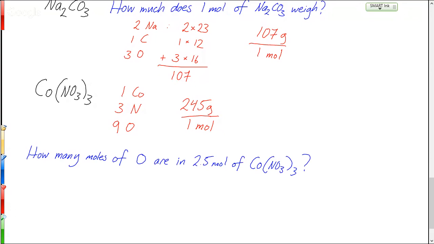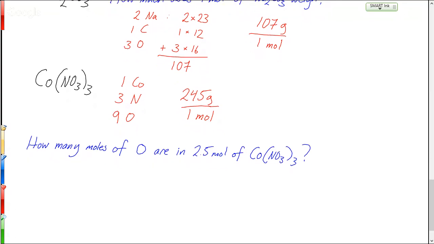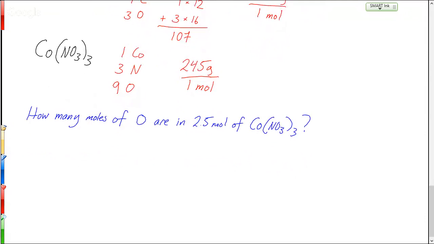So if we're just interested in the oxygen, we once again have to use a molar ratio. It can be helpful to think about it in words, to say something like, there are 9 oxygens in each formula unit of the compound, which is what we figured out before when making the molar mass.